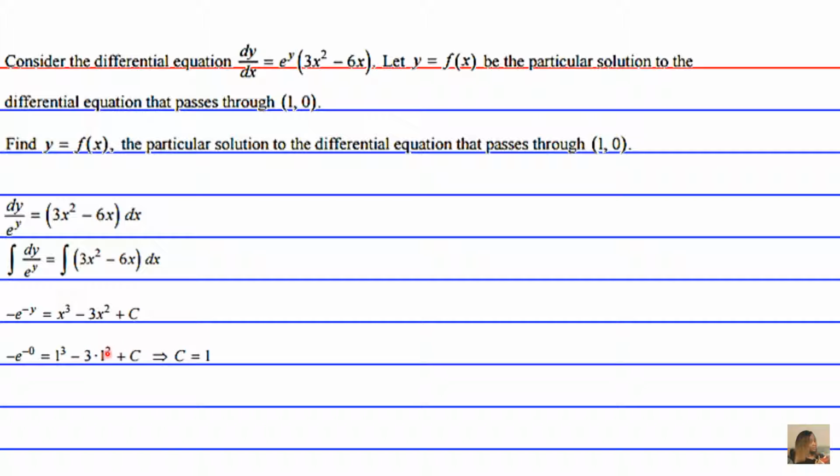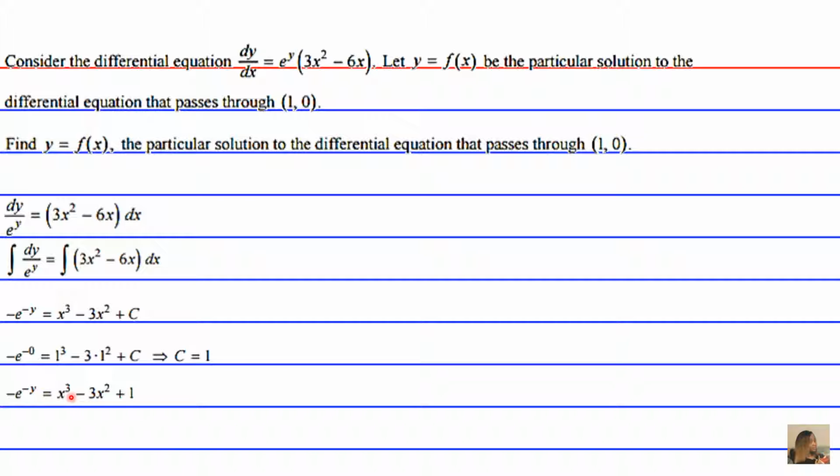Therefore, when we simplify everything, c = 1, because on the left-hand side, anything raised to the 0 power is just going to be 1. So 1 to the third power is just 1, and -3 times 1 is -3. And eventually you'll see that we get 1.